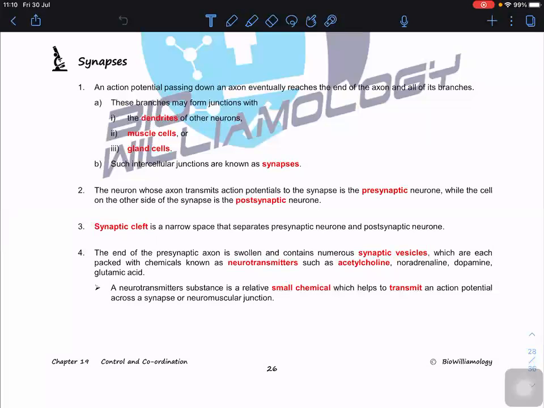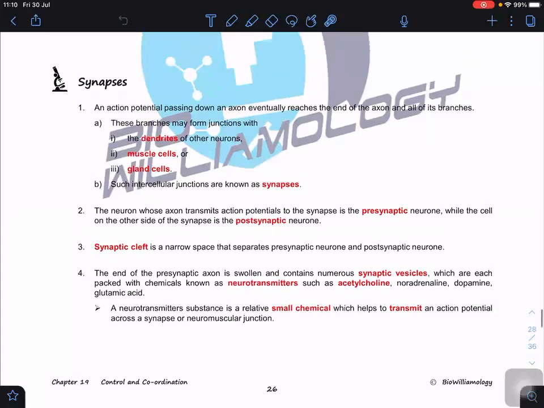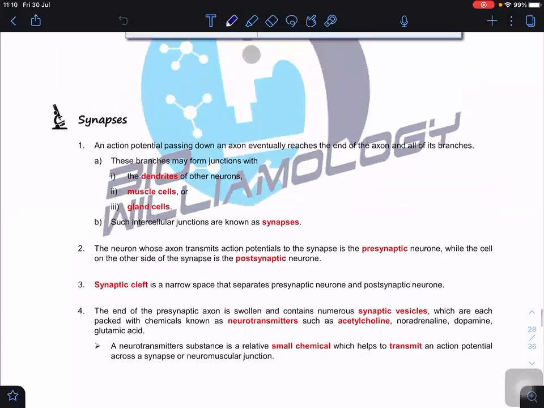So now we're going to look at these topics called synapse. If you look at the synapse, for example, we have the sensory neuron in our body.